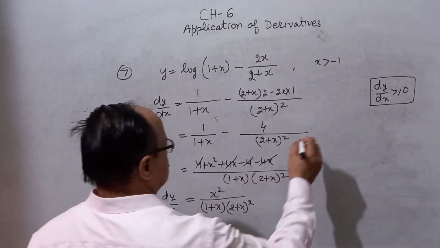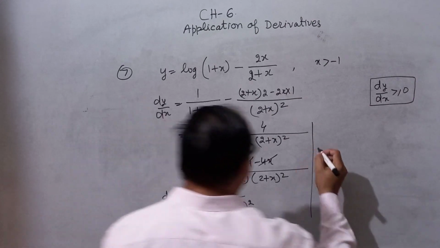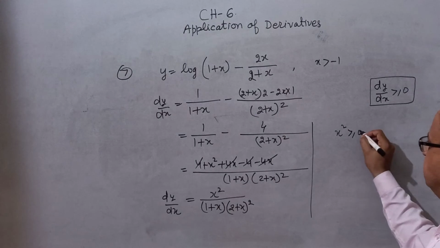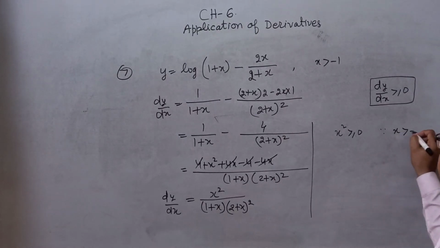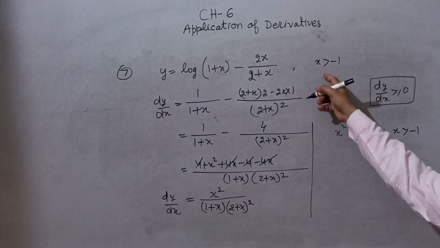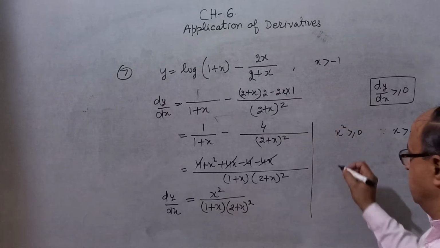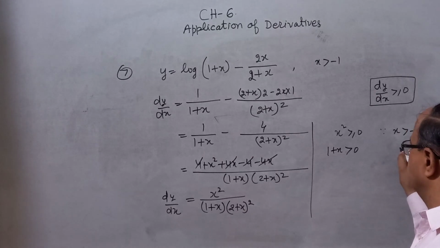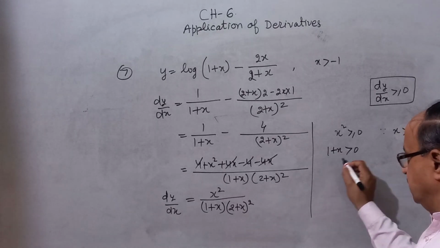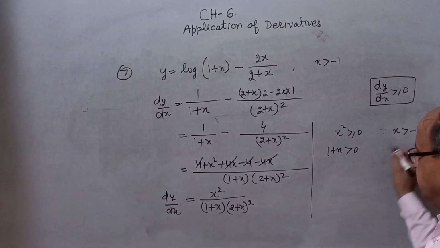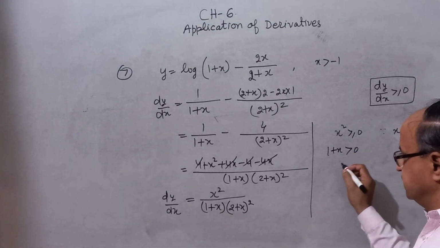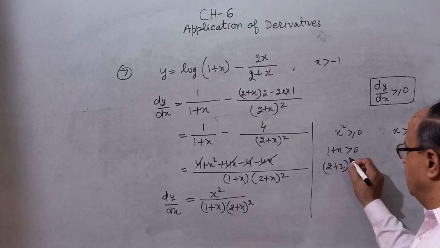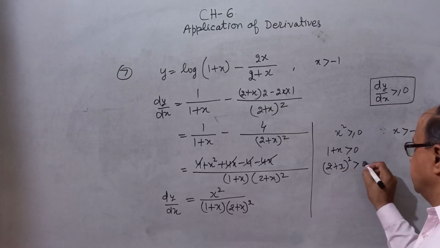You know that x square is always greater than or equal to 0. Because x is greater than minus 1, 1 plus x is greater than 0, since whenever x is greater than minus 1 this result is always greater than 0. 2 plus x whole square is always greater than 0.